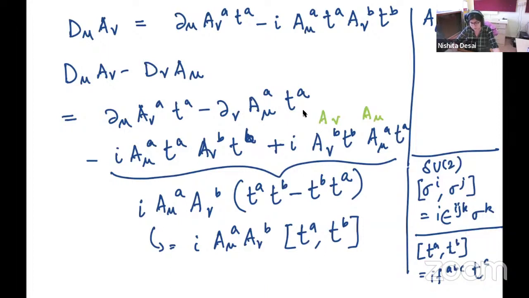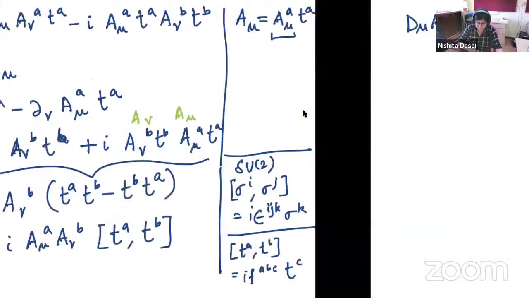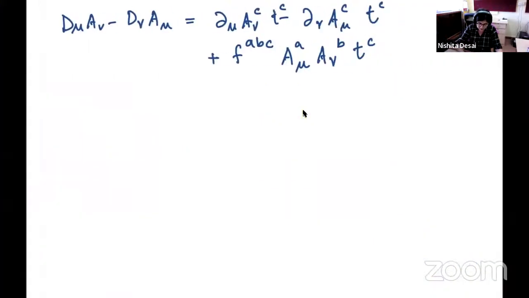So if T^A and T^B are generators, then their commutator is written in this form. In the case of SU(2), you know that exactly these f^ABC are the same as epsilons. Okay. So this is your formula for your F mu nu. Okay.